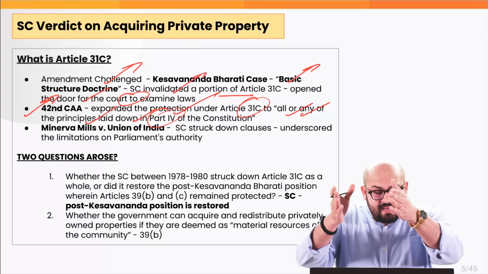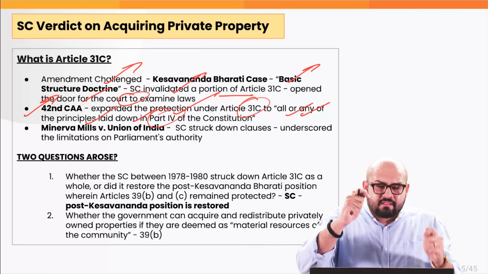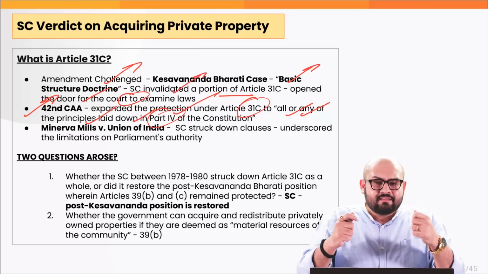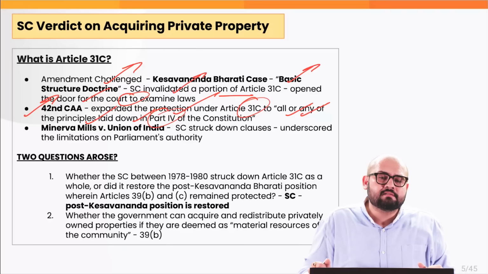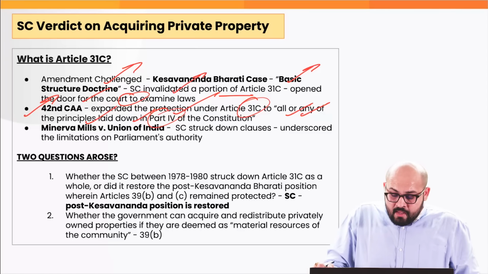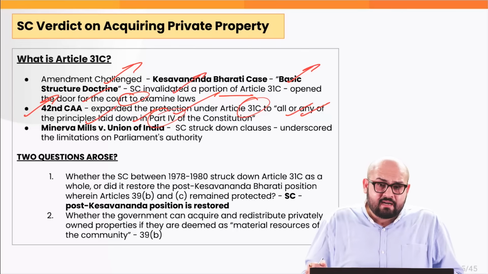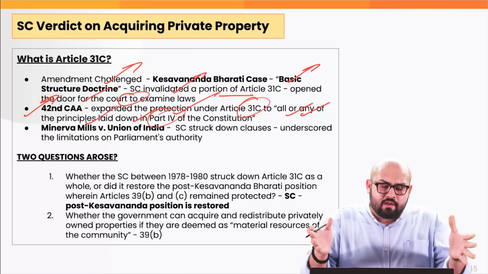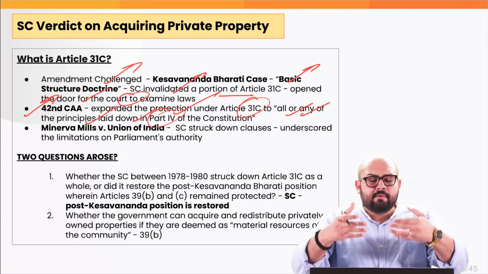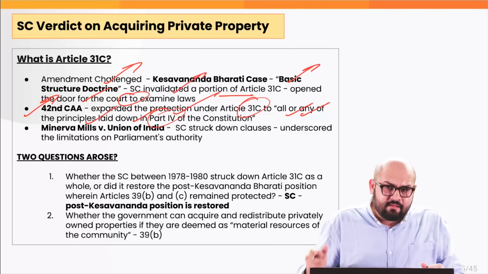These are directives to the state, making sure that it makes its policies and formulations in line with these principles. But they are not enforceable in the court of law. That you need to remember. So the 42nd Amendment expanded the overall horizon of 31C because it included all the directive principles and not just Article 39B and C.